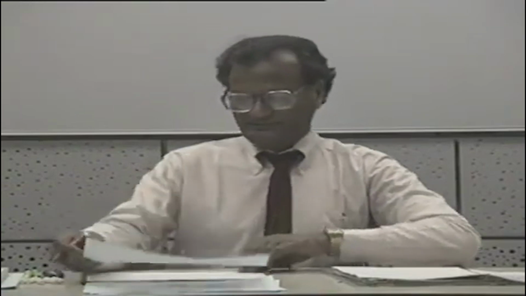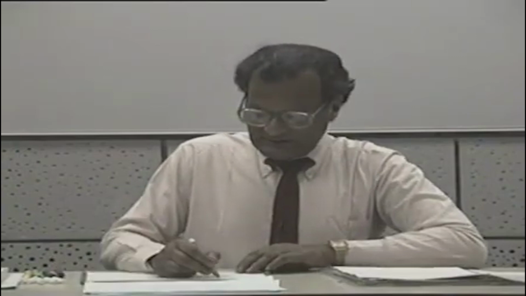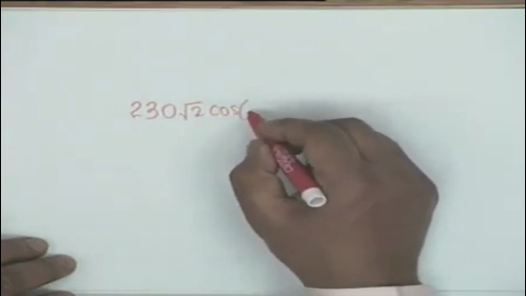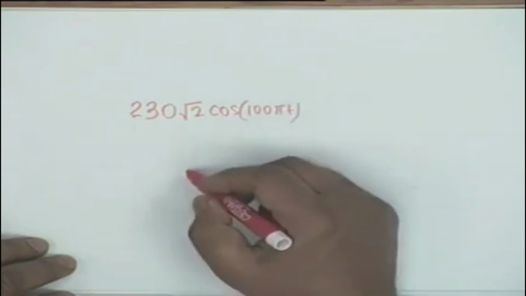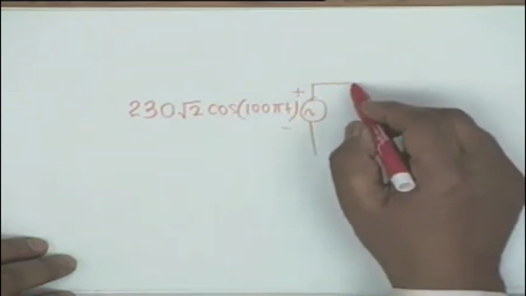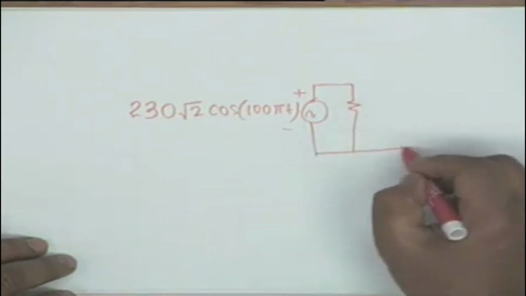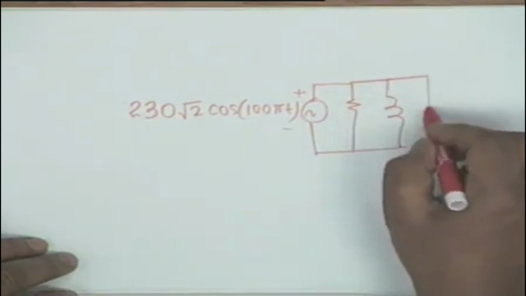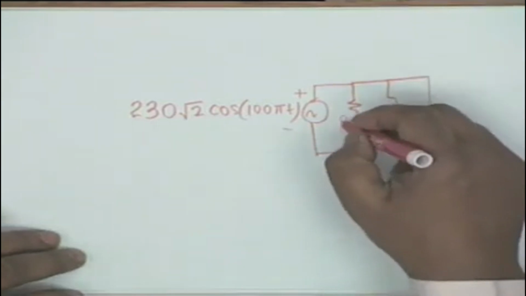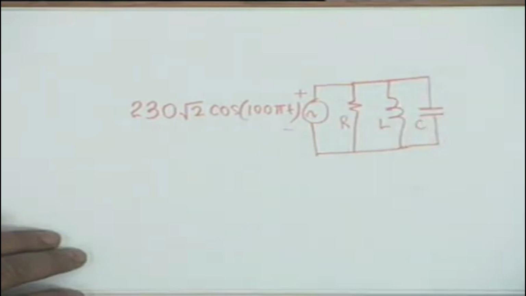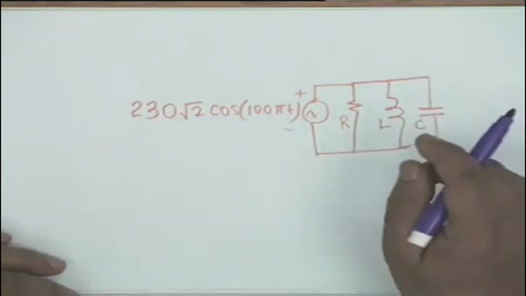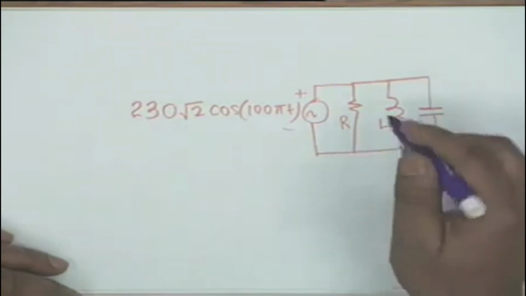Suppose we have the line voltage 230 root 2 cosine of, let us say, 100 pi t, applied to a parallel combination of a resistance, an inductance and a capacitance, with values R, L and C. The currents in the three branches, if added together, shall obviously give the current supplied by the source.